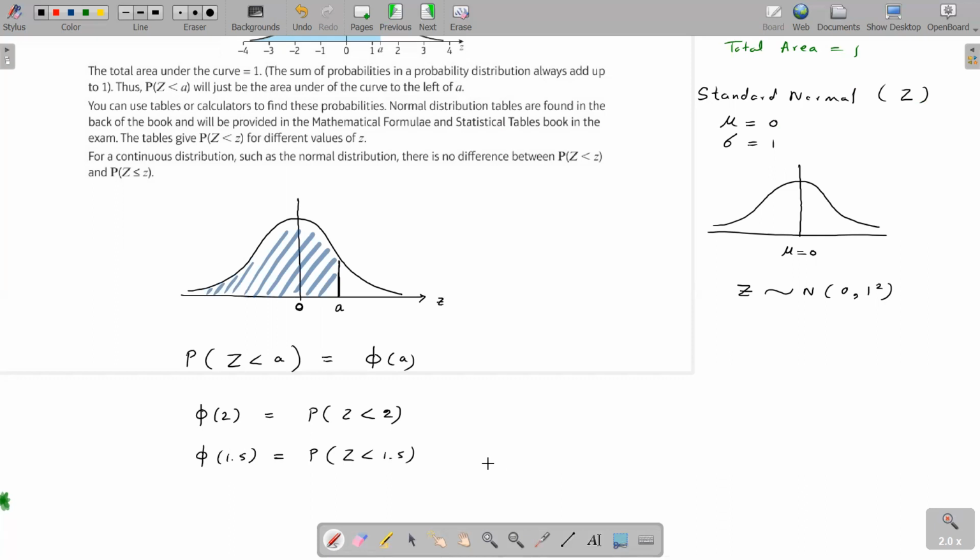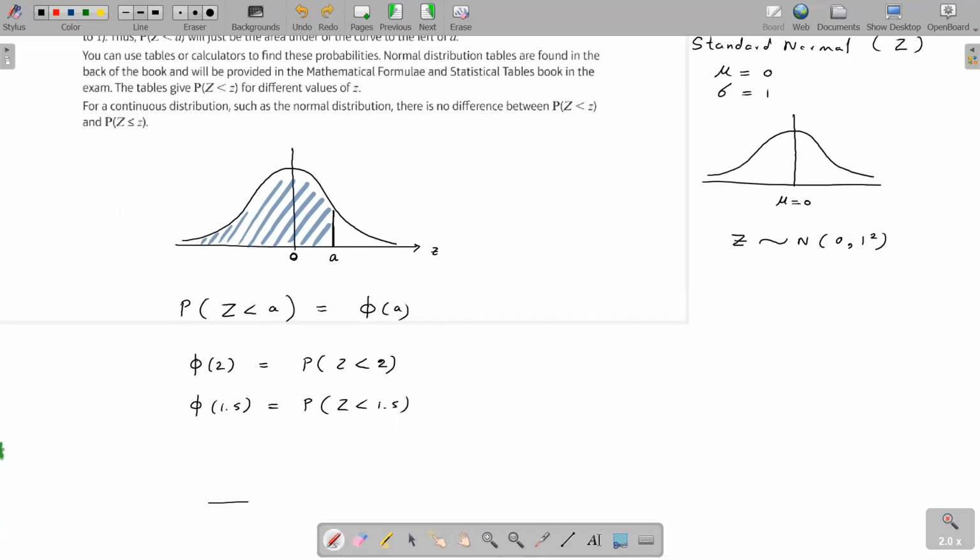Let's draw the distribution as well. For phi 1.5, visually it means like this. The mean is 0, and 1.5 should be somewhere over here, definitely in front of 0.